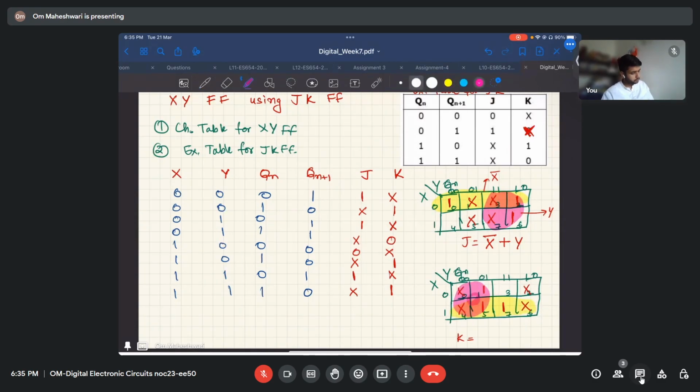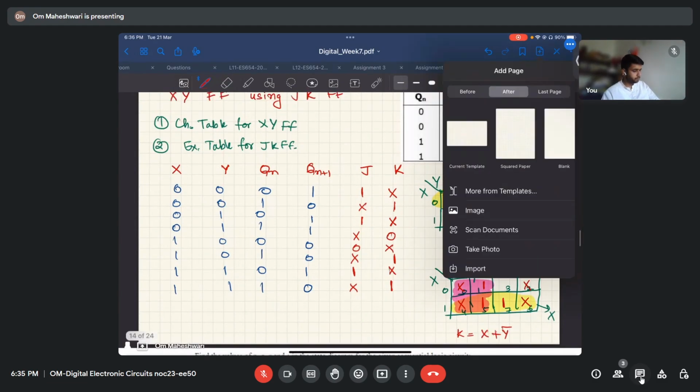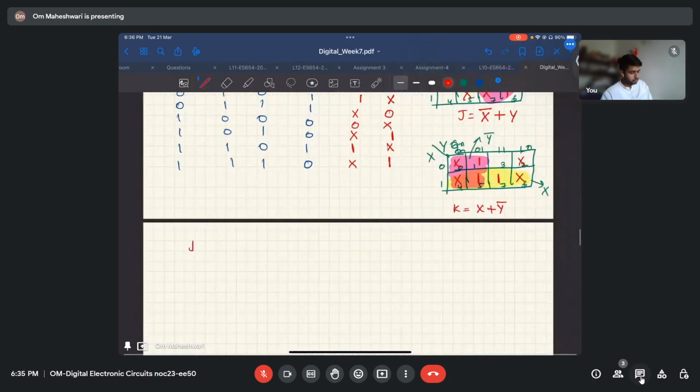So this one is X, this one is Y bar. X plus Y bar. So we know now J equals X bar plus Y, K equals X plus Y bar.